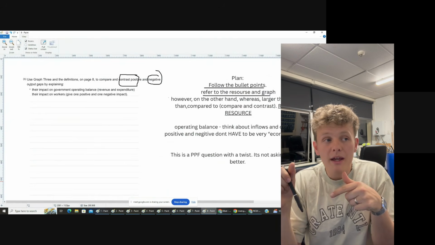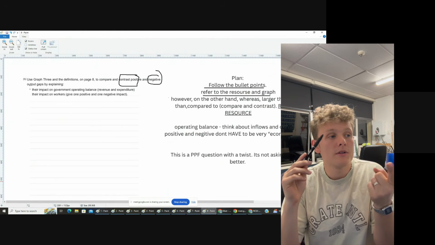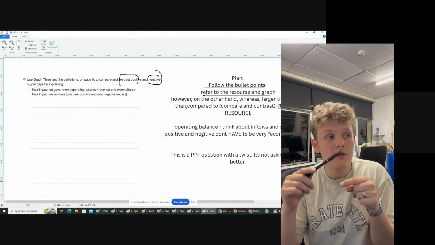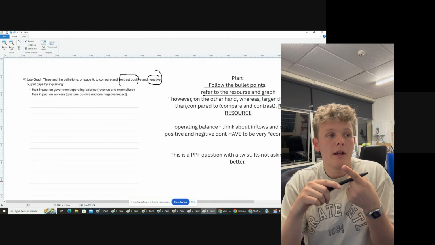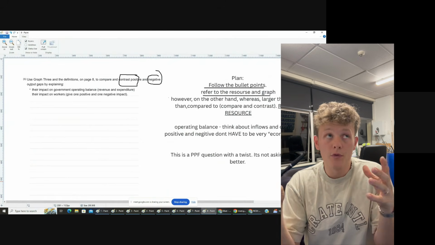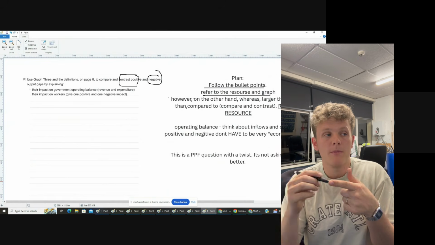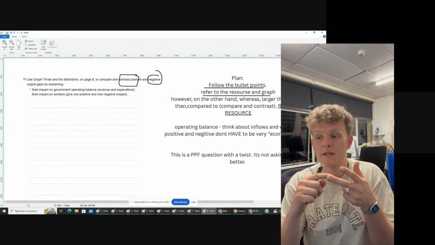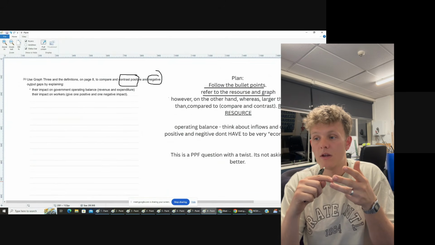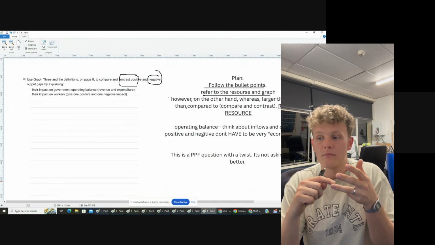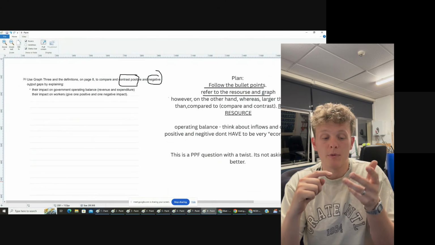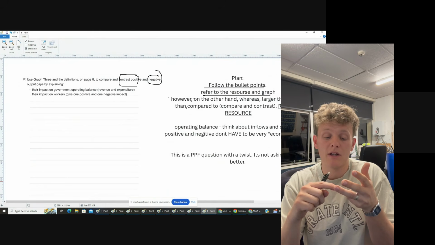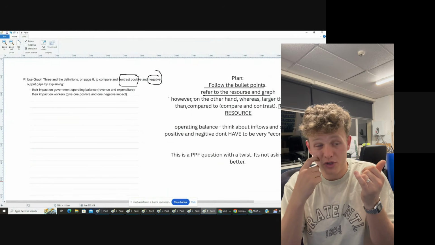On the other hand, when it's negative, you've got negatives, which are all of those things. On the other hand, saying negative output gap means that there's less opportunities, less benefits, more money from benefits, less job security, less opportunities.